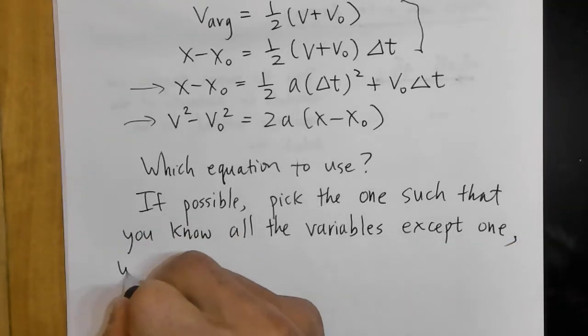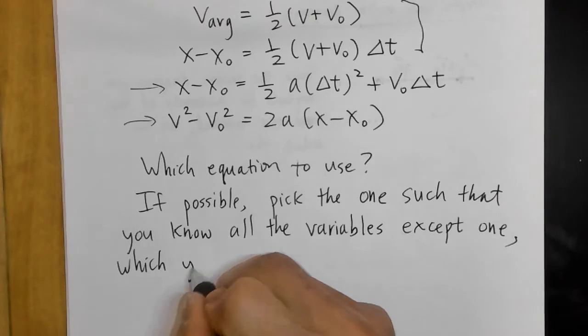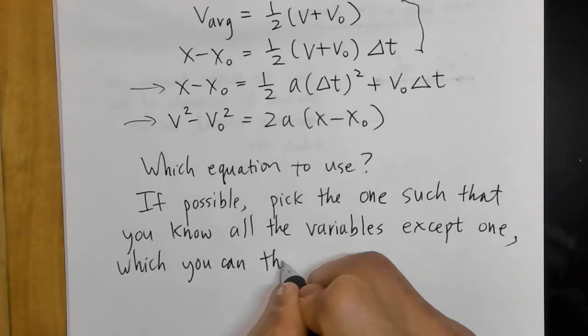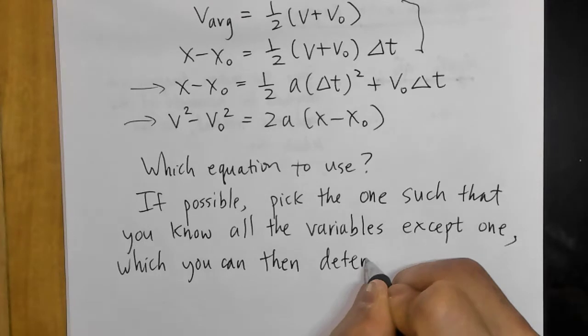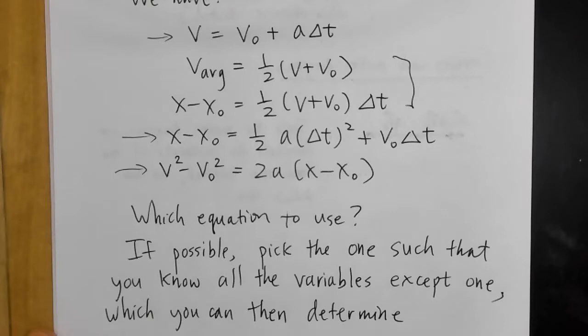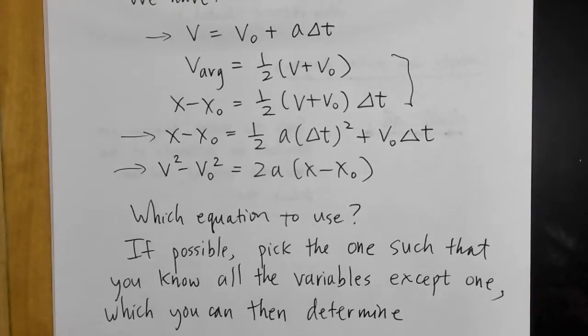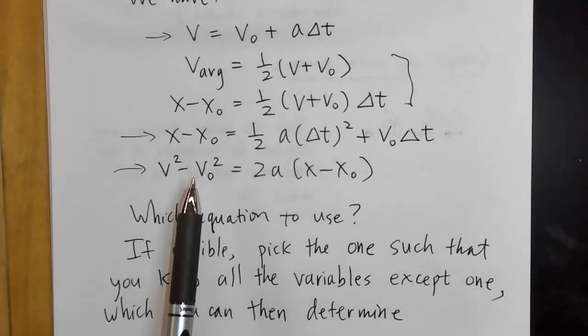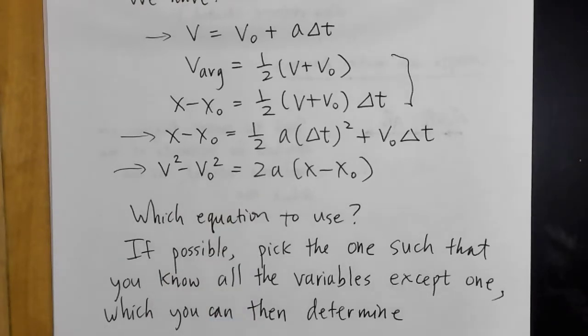And then you can determine that one. All right? So what do I mean by this? Suppose you are given the initial velocity, the final velocity, you know the acceleration, and you want to know the displacement. So we know v, we know v0, we know a, and we want to know x minus x0.